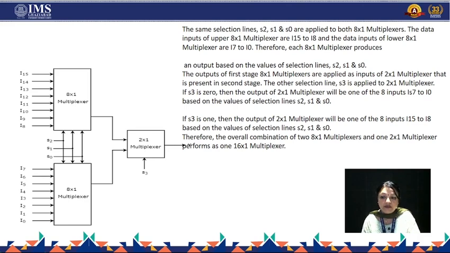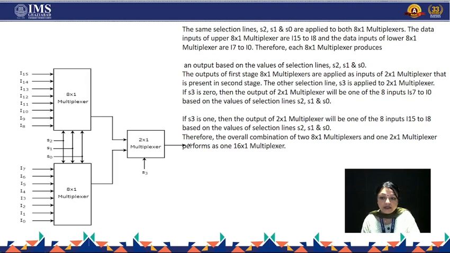In this diagram we have taken two 8 into 1 muxes. The first mux has I0 to I7 inputs. The second mux has I8 to I15 inputs, and the outputs of the 8 into 1 muxes go to a 2 into 1 mux, and then finally we get one output.